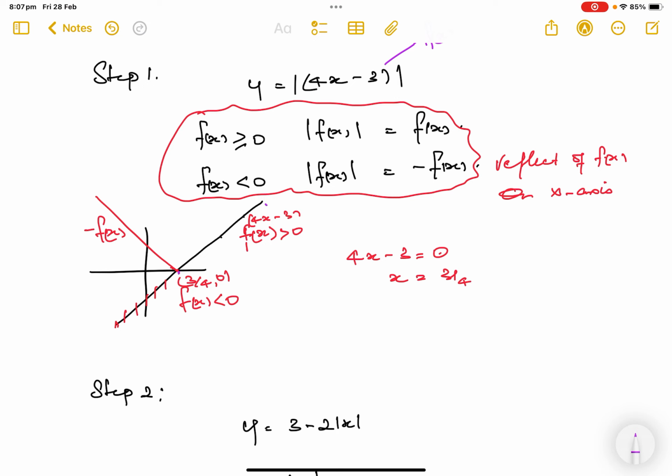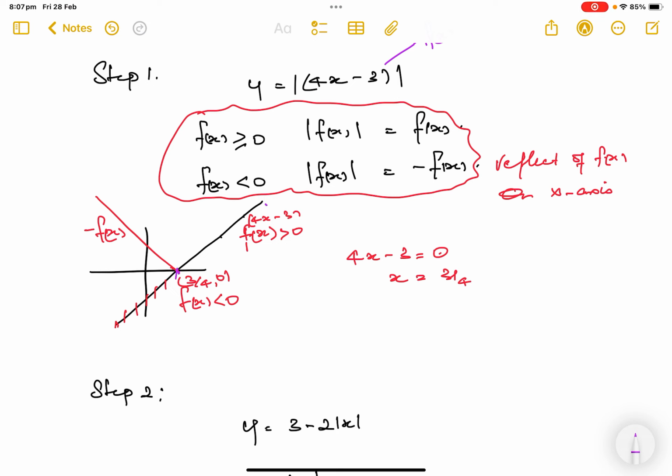That is minus f(x), as the modulus of the whole function will represent. So when you draw the normal line, which is 4x minus 3, if it's on the positive side, just keep it like that. And if it's negative and below the x-axis, it will reflect to the positive side of it.